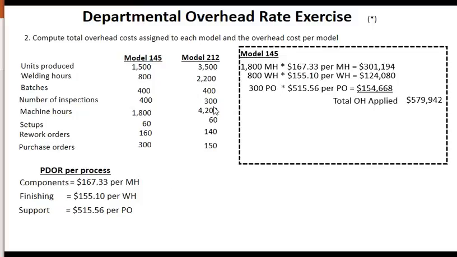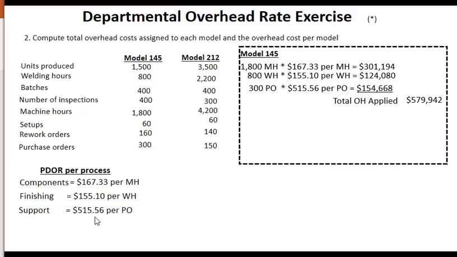I also have 800 welding hours, and again my welding hours within finishing are $155.10, and model number 145 used 800 hours, so the total overhead allocated is $124,080.